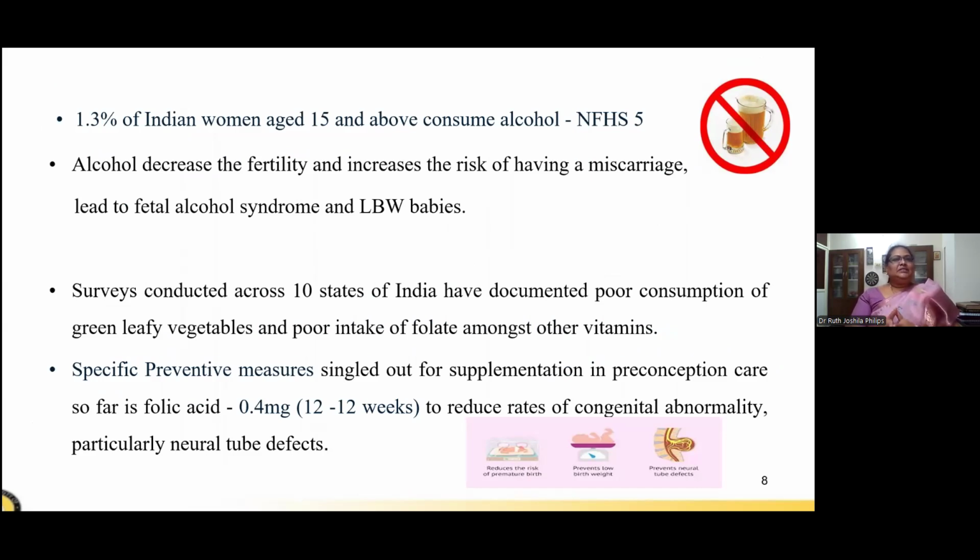But the NFHS survey says that 1.3% of Indian women actually consume alcohol, and it is also increasing. And alcohol decreases fertility, increases the risk of miscarriage, and leads to fetal alcohol syndrome and low birth weight babies.